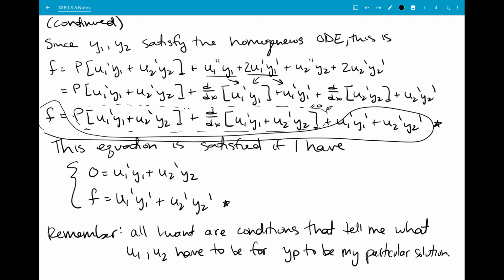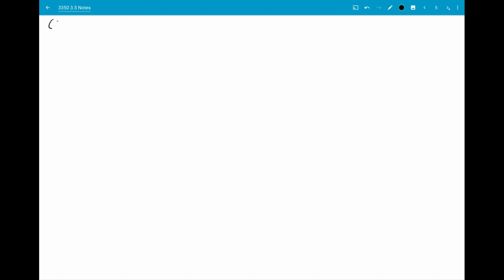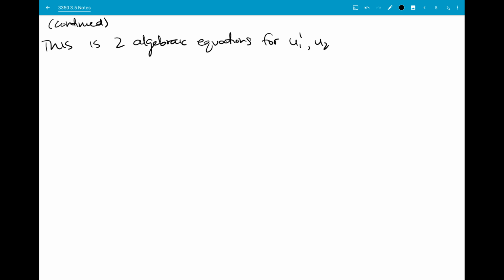The only thing is that that would be kind of a difficult set of equations to solve. So this is two algebraic equations for u1 prime, u2 prime, which are my two unknowns. And it's just going to be easier to solve using determinants.